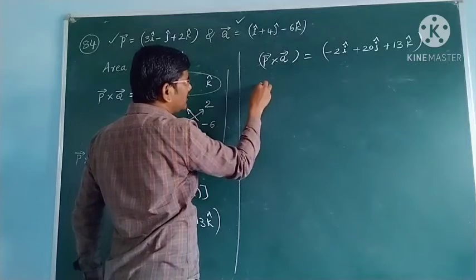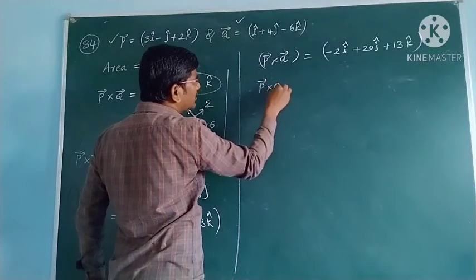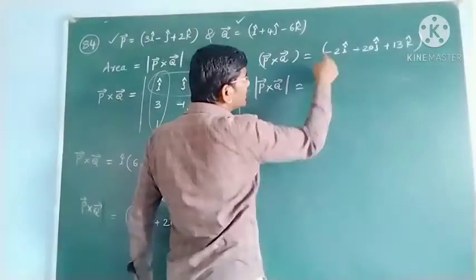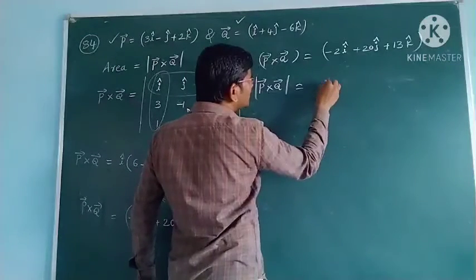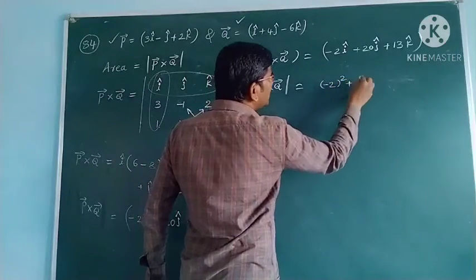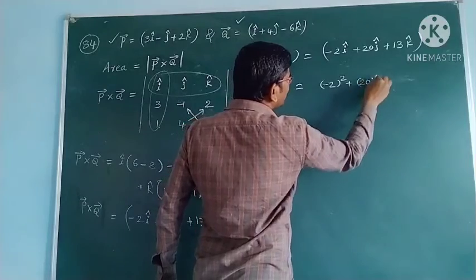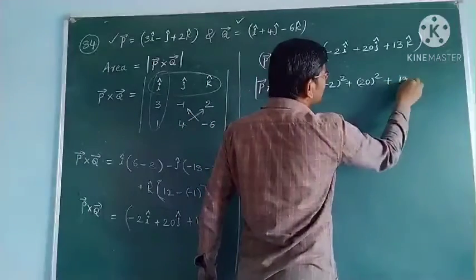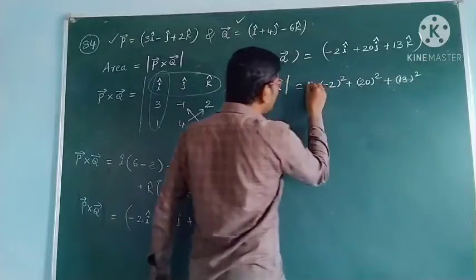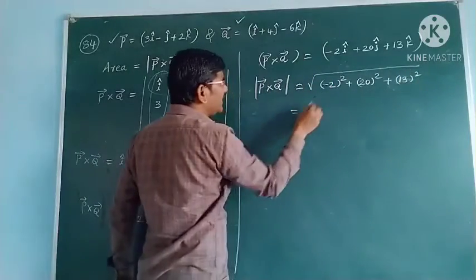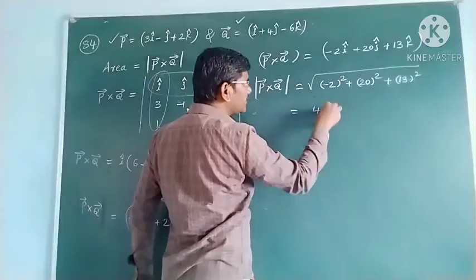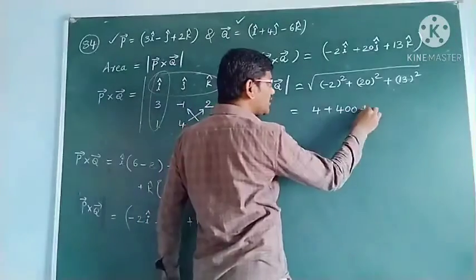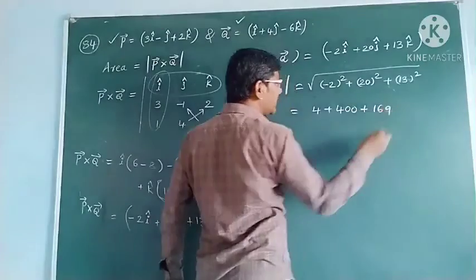So magnitude of p bar cross q bar means i coefficient square, that is minus 2 whole square, plus j coefficient square, 20 whole square, plus k coefficient square, that is 13 whole square, under root. Then minus 2 whole square is 4, plus 20 square, so 400, plus 13 square, you will get 169.